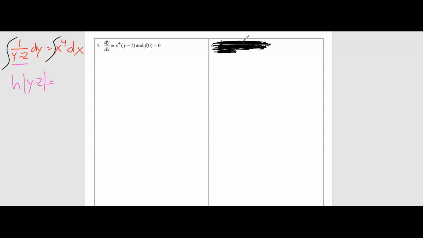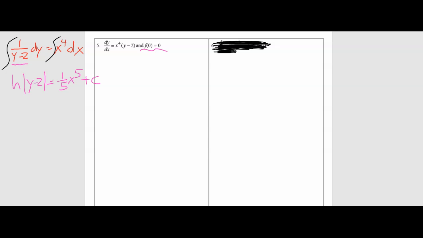On the right-hand side, we end up getting 1/5 x to the power of 5 plus c. So again, general solution right here, but we need to find the particular solution, so we have to go a step further. Well, it says that when f of 0, or it says when x is equal to 0, essentially, y is equal to 0, or f of 0 is equal to 0.